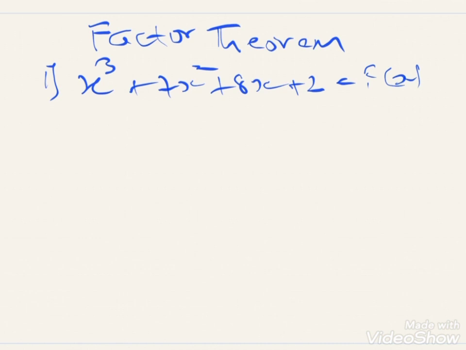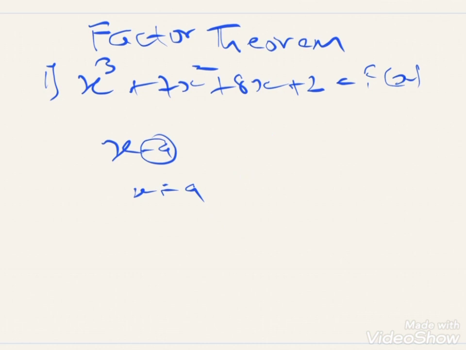Actually, given the statement of the factor theorem, that linear factor x minus a divides evenly so that we have a zero remainder. Then x equals a will be our solution.